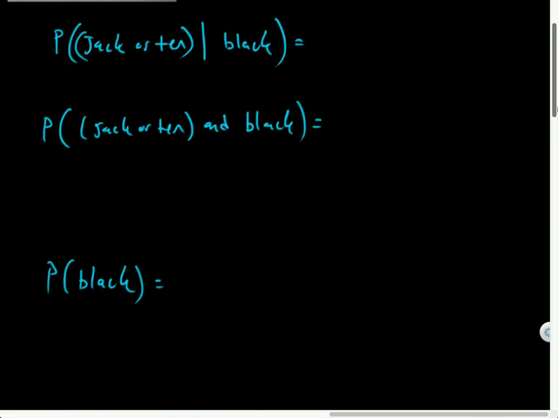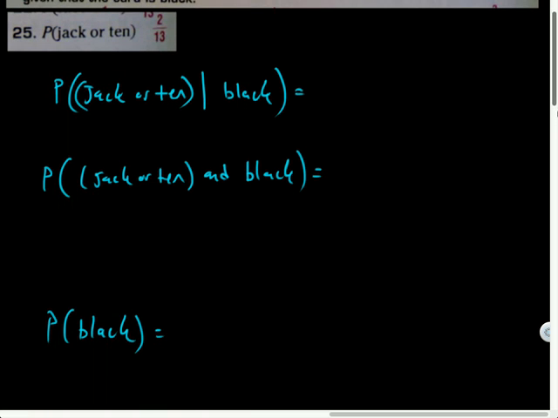So the probability of Jack or 10, well, let's see. First of all, are Jacks and 10s mutually exclusive or are they inclusive of each other? They are exclusive. I can't have a Jack and a 10. So I'm just going to find the probability of Jacks and add that to the probability of 10, because they're exclusive.